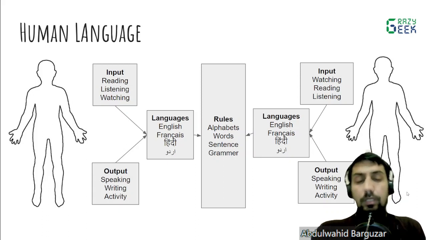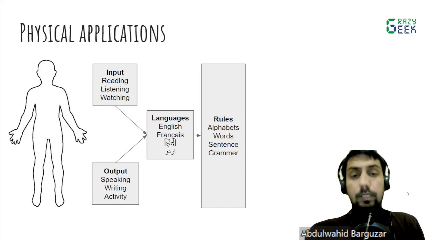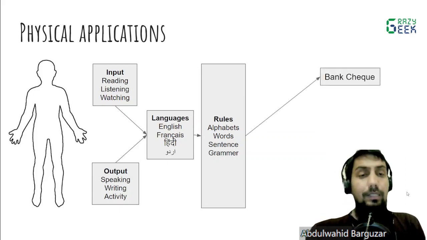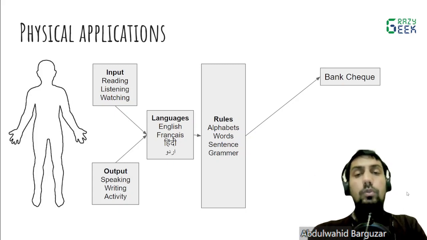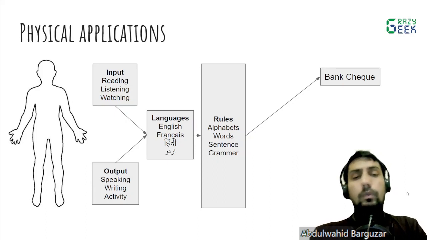Now the interesting part here is we use the languages in the real world, where we do a lot of important tasks, such as drafting a checkbook. It is defined with some rules how a checkbook should be and how everyone should follow them to write a checkbook or to do a business deal, right?